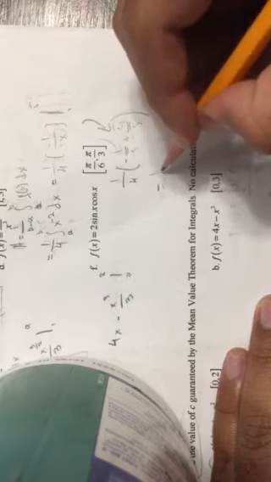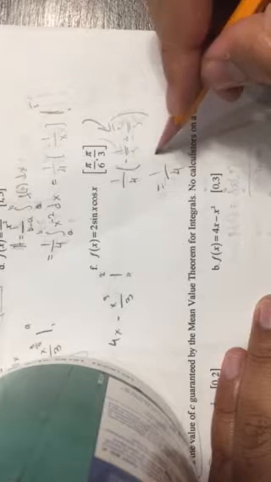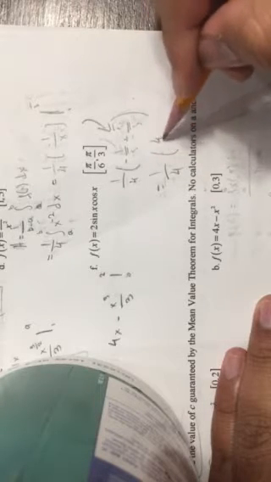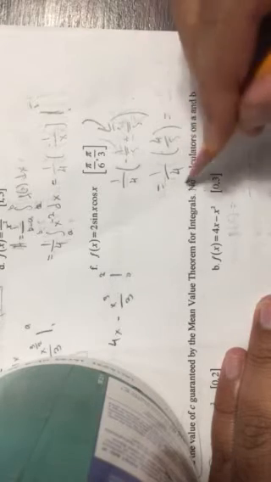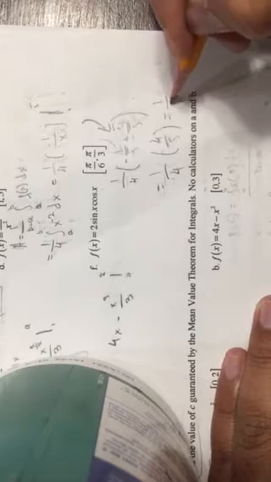So this becomes 1 over 4 times 4 over 5. You multiply them out and you get 1 over 5. And that's your answer. Yay!